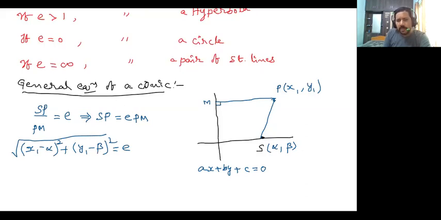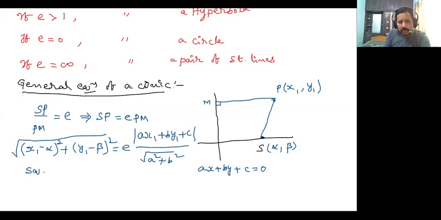PM is the perpendicular distance from point P to the directrix. Now I am applying the perpendicular distance formula: mod of ax1 plus by1 plus c divided by the square root of a square plus b square.